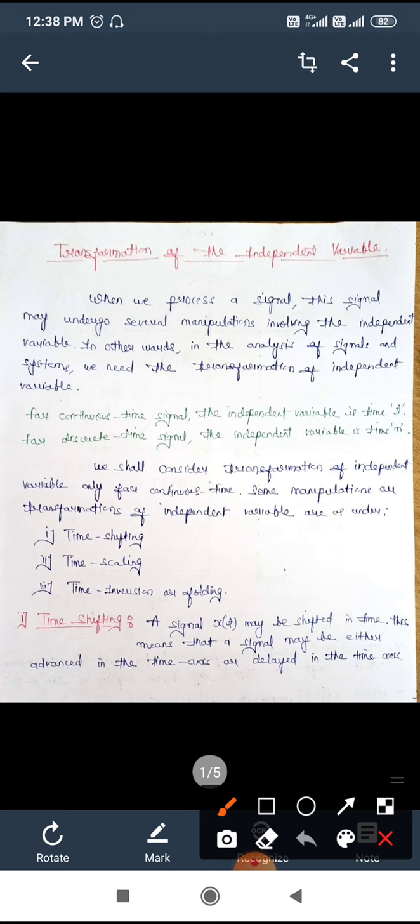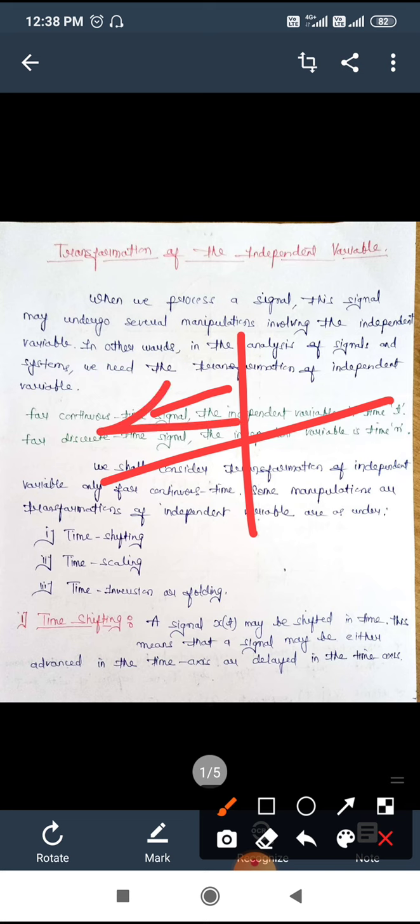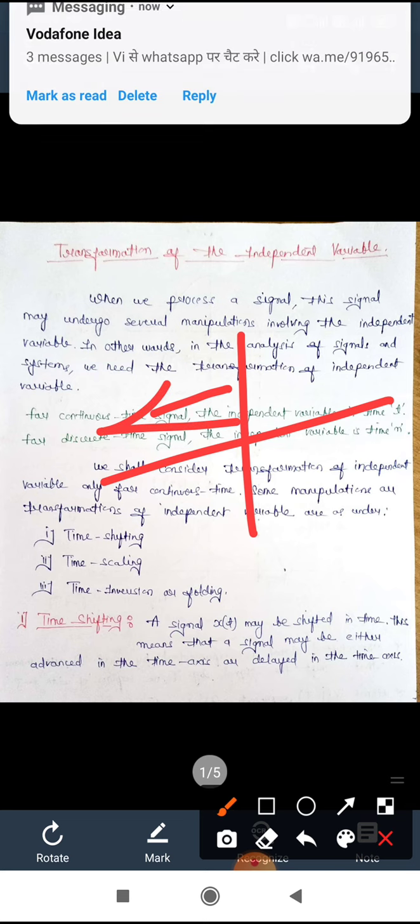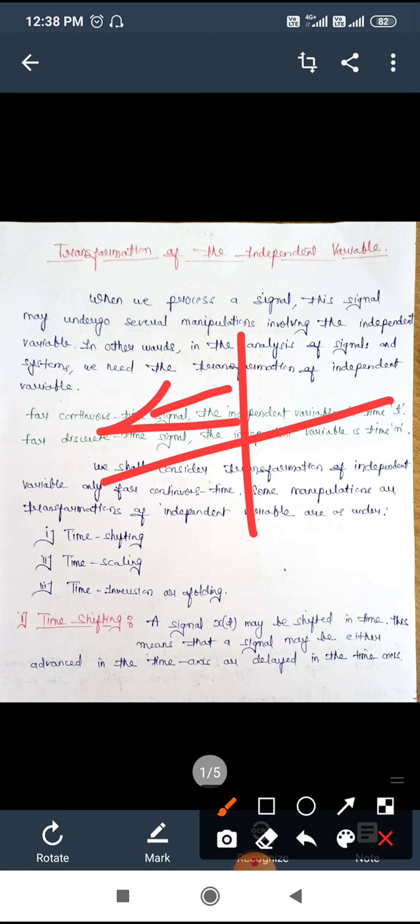With the help of delay, we can shift a signal toward the right side. If we want to shift our signal toward the left side, then the signal must be advanced in the time axis. This condition is called advance in time axis.